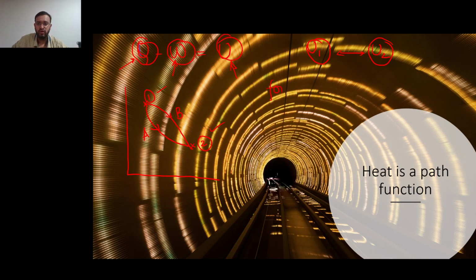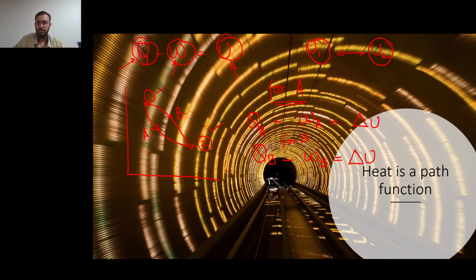So for A, we know that QA minus WA is equal to the change in internal energy, and for B, QB minus WB is equal to the same change in internal energy.